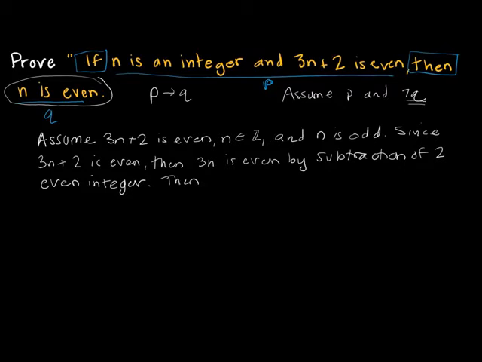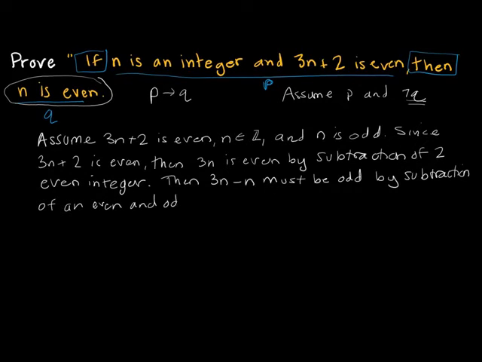Then 3n minus n must be odd by subtraction of an even and odd integer.